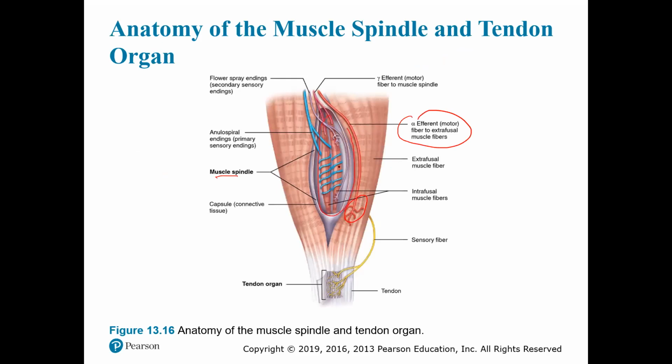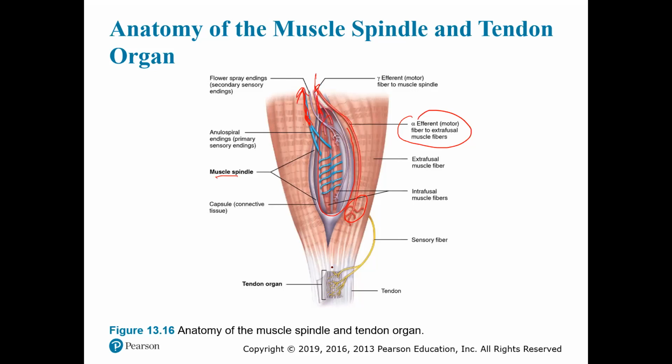That's what I was basically trying to get at, and it's very difficult to explain without a picture. So the gamma fibers are going to the spindle right here, and the alpha fibers are going to the muscle itself. And here are the sensory endings of the sensory neuron that's going to go, of course, into the spinal cord. So this is afferent, the blue, and this is efferent back to the muscle.